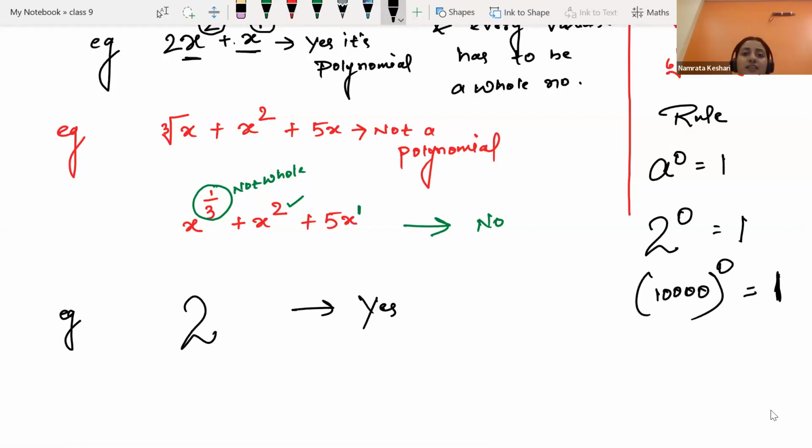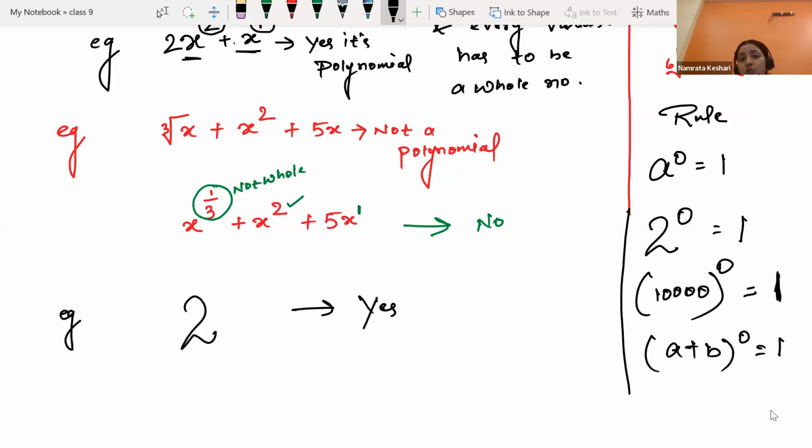Your eyes can see there is a number 10,000, but your mind must say that since the power is 0, it doesn't exist over there. The result will be 1, and that's a rule. Getting it? Okay, ma'am. So this is a rule that anything having power 0 is 1.